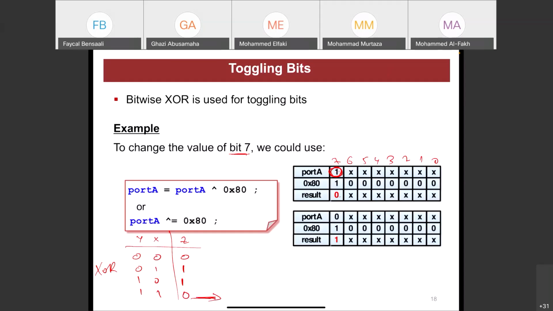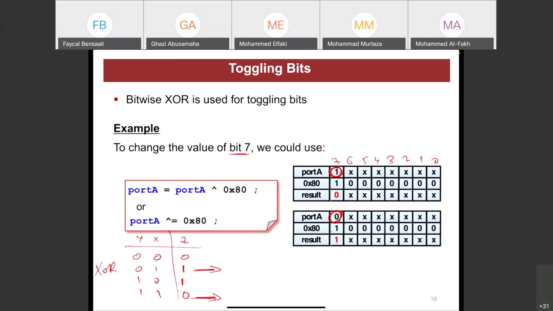If bit 7 was 0, 0 XOR 1, we get 1, which is here. Which means the bit was 0, it will change to 1. In the first case, the bit was 1, it changed to 0. So we just use an XOR, and we put 1 in the bit that we want to toggle. Is this clear?